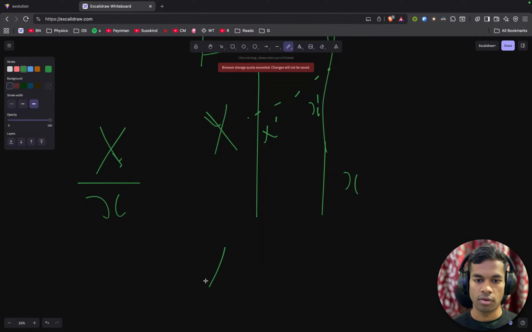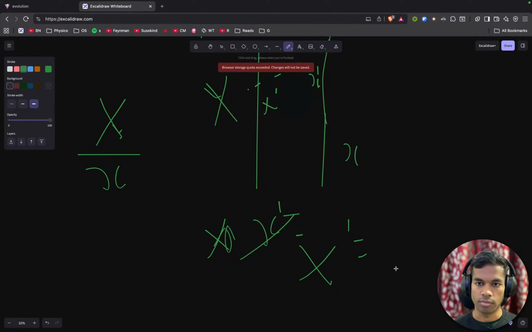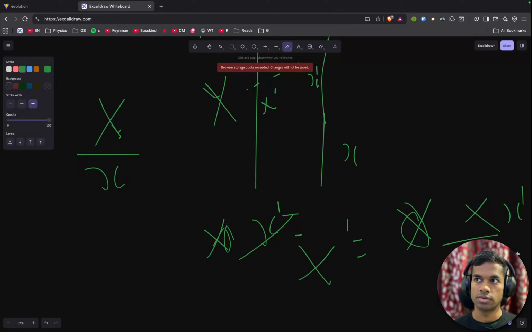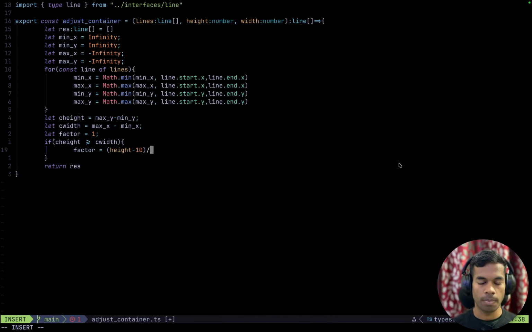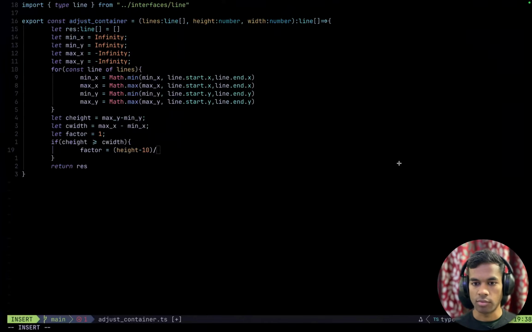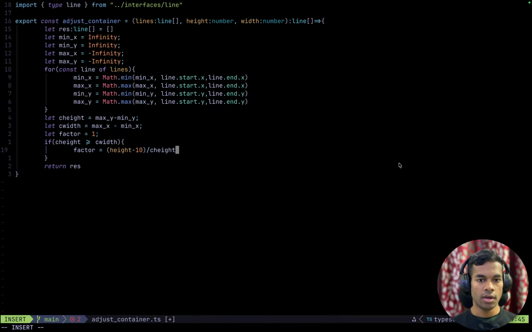So capital X dash should be capital X by small x into x dash. Capital X by small x, which would be the height.